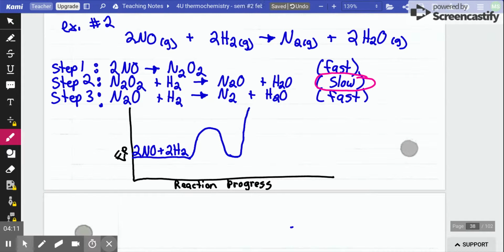And then our next step, though, occurs much slower, so it would have a higher activation energy. And then our third step occurs, and then we finish off with our products, and we write in our actual products here.